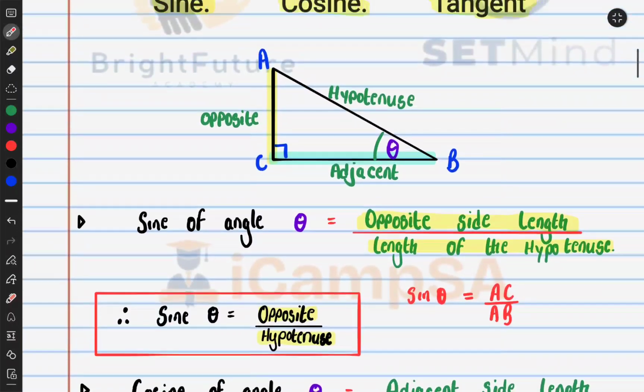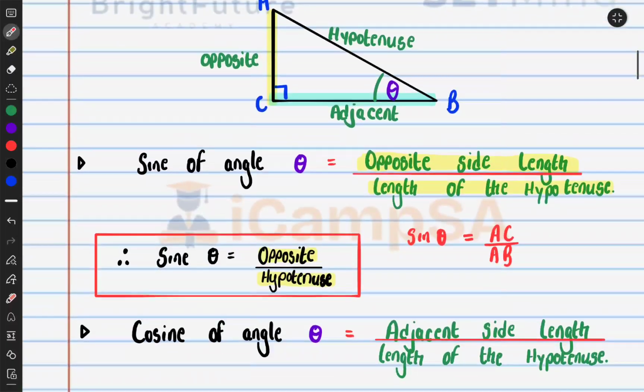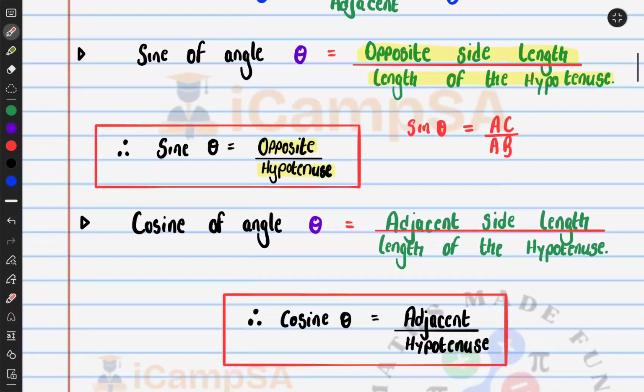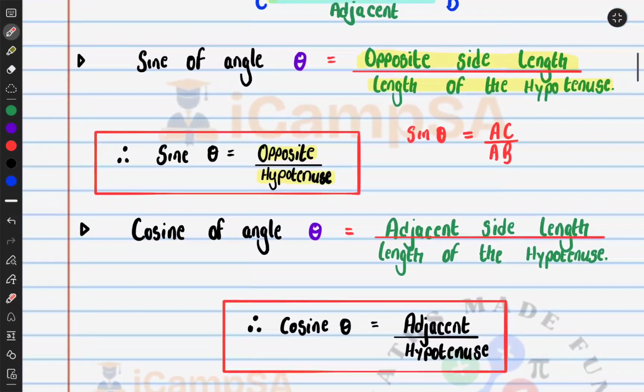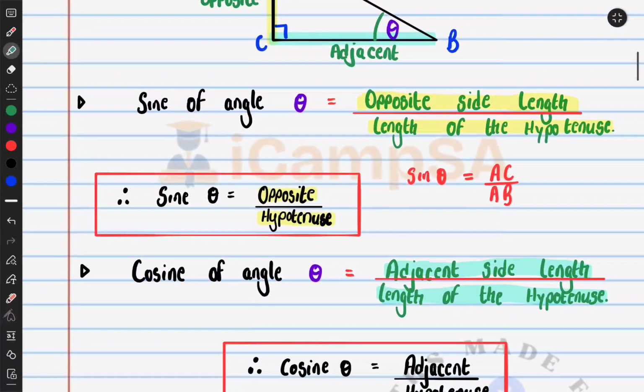Okay, and then let's quickly go to the second one, which is the cosine trigonometric ratio. So a cosine of an angle will now look at what? We look at the length of the adjacent side over the length of the hypotenuse. So I want you to pay attention to what is happening. For both the sine and the cosine trigonometric ratio, we divide by the length of the hypotenuse side.